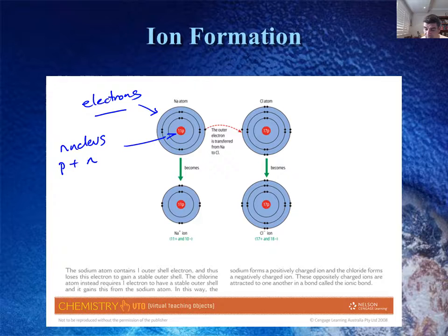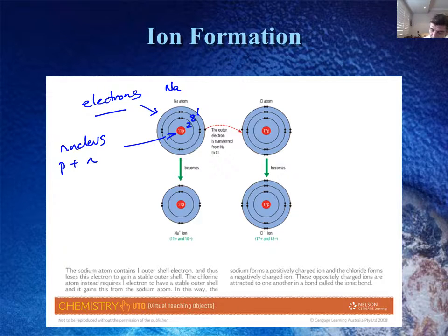So for the first one of these, we're looking here at sodium. We have 2 electrons in the first shell, 8 electrons in the second shell, and just that 1 electron in the outermost shell.